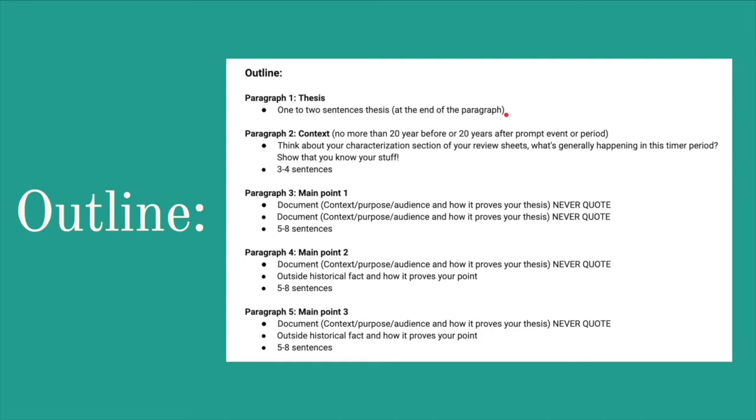I've seen teachers even recommend that you put a parenthesis after your thesis and write the word thesis so that the reader knows this is your thesis. So make sure your first paragraph is an introduction sentence and then give me your thesis right away.